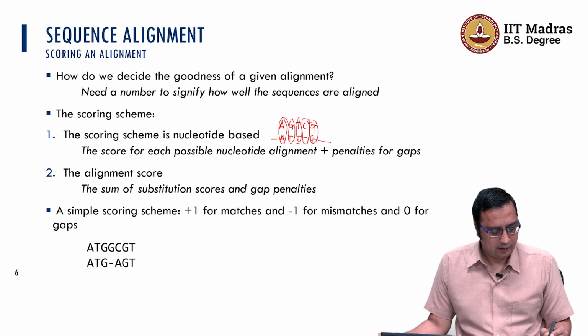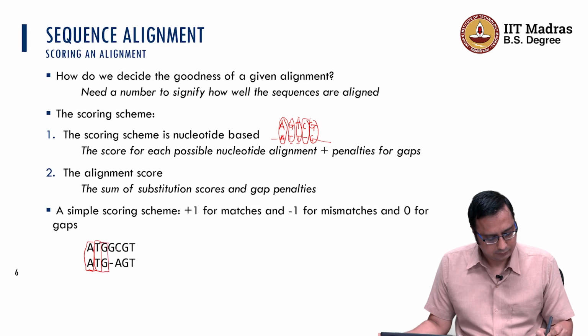And I have an alignment here. So I want to provide a score to this alignment. So here we can see 1 match, 2 match, 3 match, 4 matches, and 5th match.